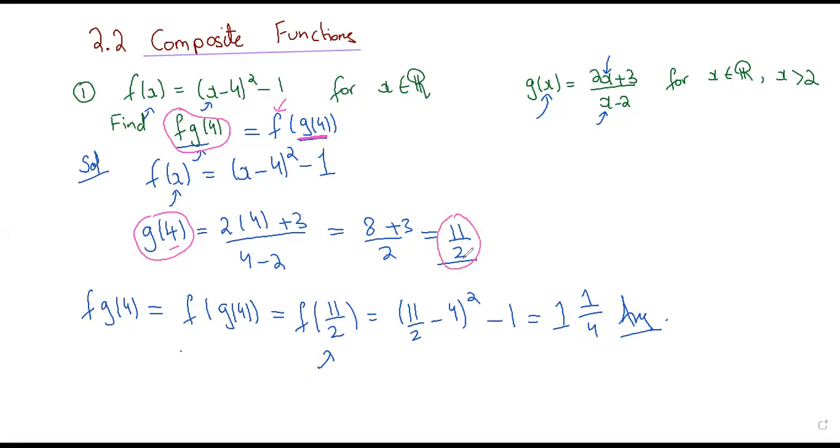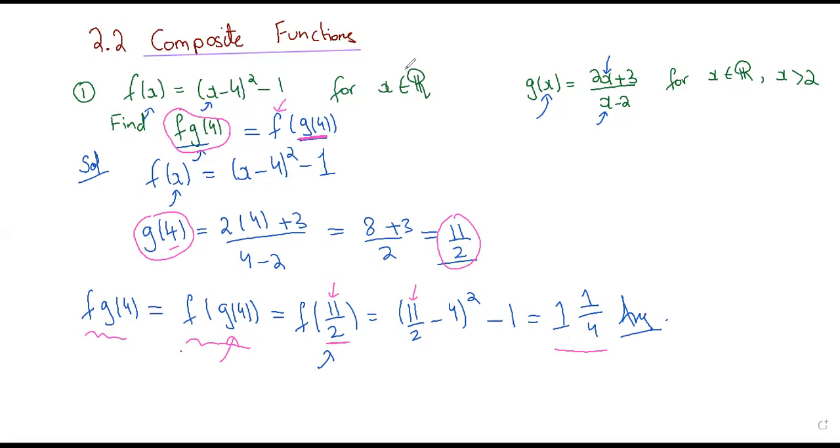So g of 4 turned out to be 11 by 2. So this was the question, and this is what it means. So g of 4 was basically 11 by 2. And finally, I had to find the value of the f function at x equals 11 by 2. So I have 11 by 2 here. I wrote 11 by 2 here, and after simplification, I would get 1 whole 1 by 4.